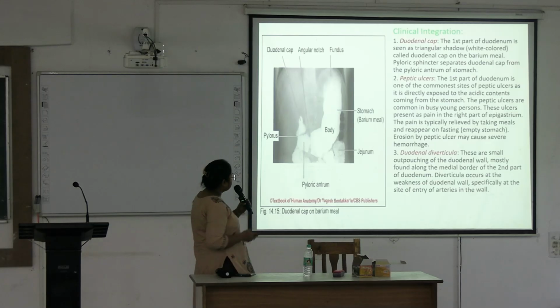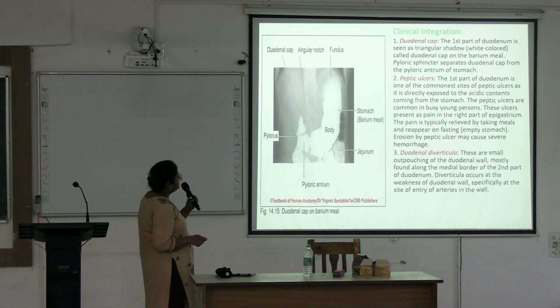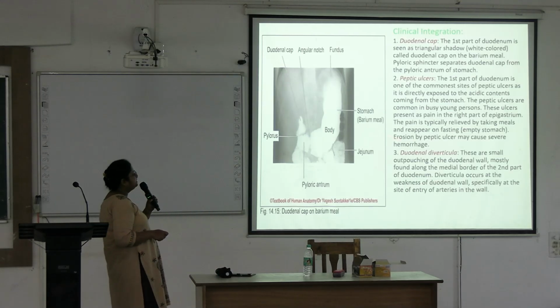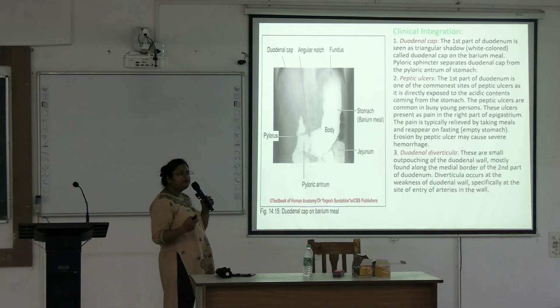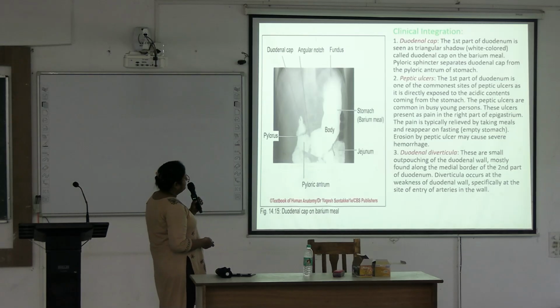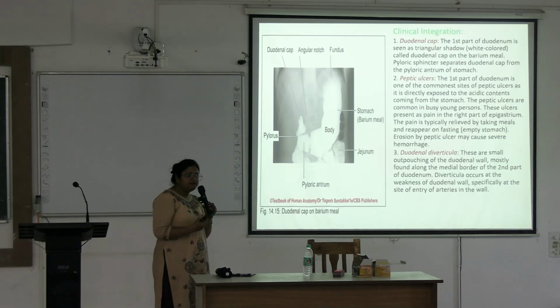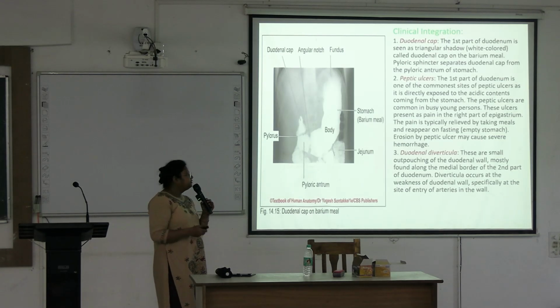An erosion of a peptic ulcer may cause severe hemorrhage. There will be melena in the patient. Clotted blood will come out in the stool.